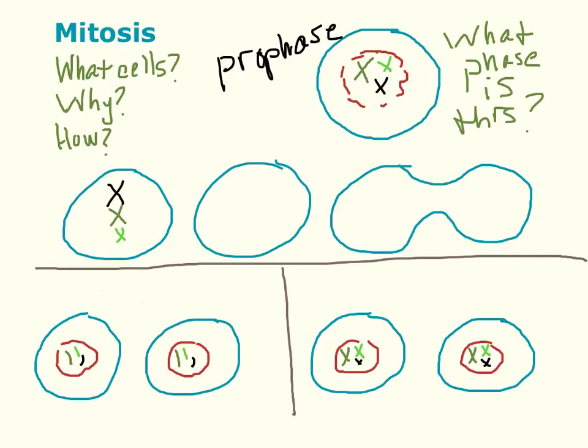Oh, I should draw in my spindles here. Let me make my spindles kind of brownish. With my centriole there, because we really need those spindles for pulling them apart for anaphase.